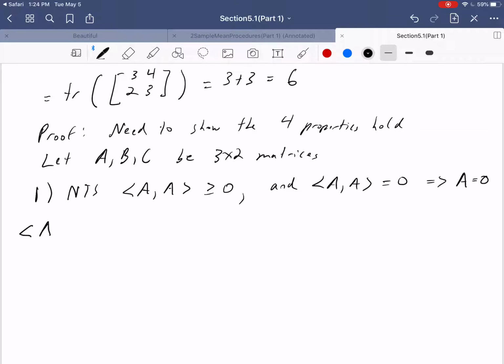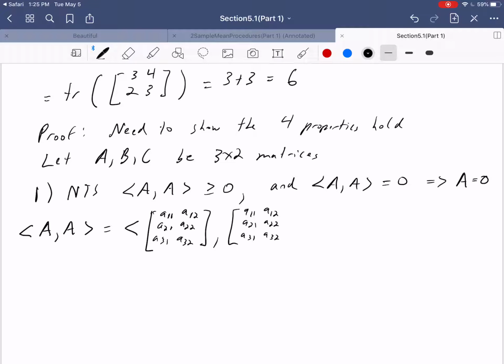Okay, so let's go ahead and do this. So let's look at A with A, and let's think about what that actually would be. If we give A some actual elements here, it would look like A11, A12, A21, A22, A31, A32, and then of course with itself, so A11, A12, A21, A22, A31, A32.